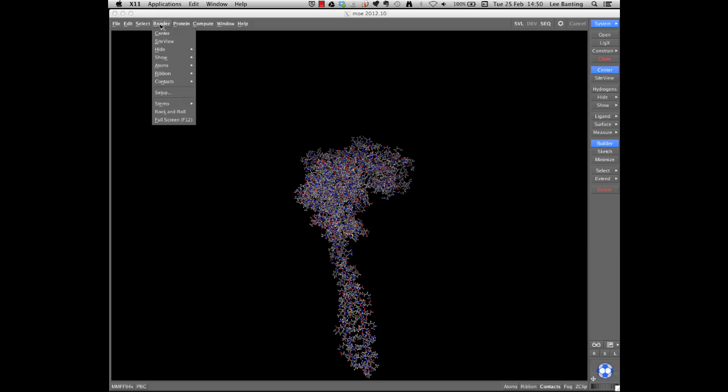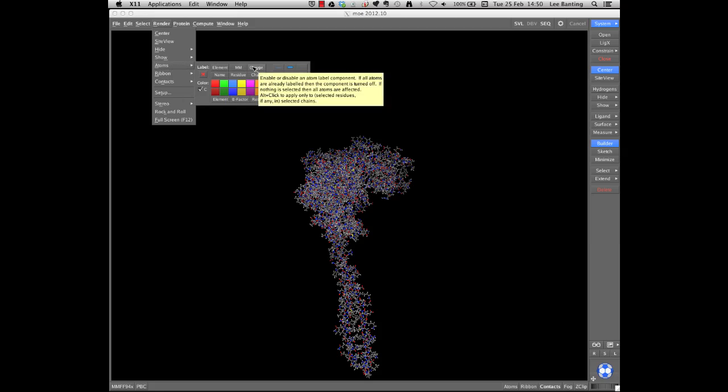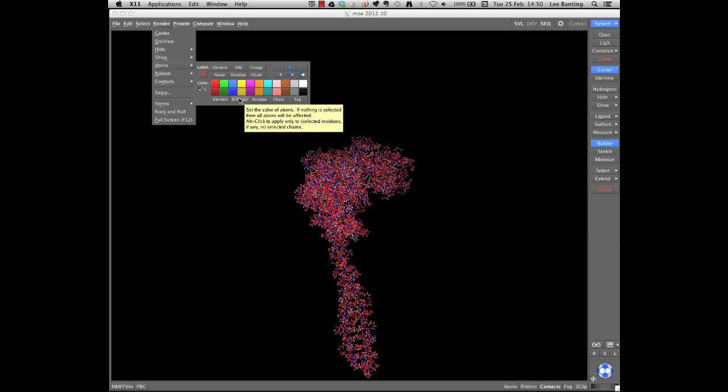And I can do various things with it. I can color the atoms, show charges, sorry. I can color the atoms by element, something called B factor, how hot the molecule is. That is reflective of how it moves around in its crystal structure. I can color by chain.